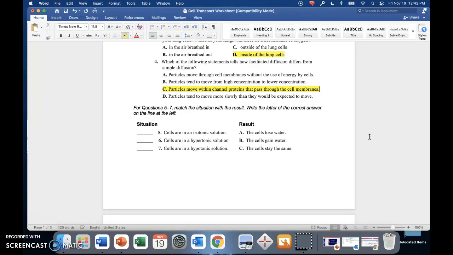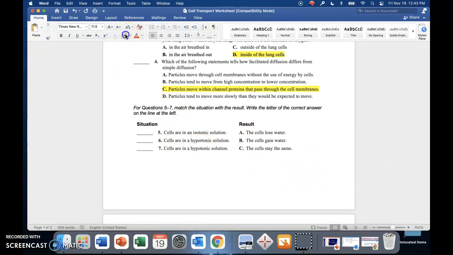So the cell is going to have a lower amount of water and a higher amount of solute. So what's going to be the resulting thought here? Well, in isotonic, iso meaning equal, that means that the particles and the water, the solute and the solvent, are equal both inside and outside the cell. Yes, there is still going to be movement, as we mentioned earlier, but the cells will stay the same.